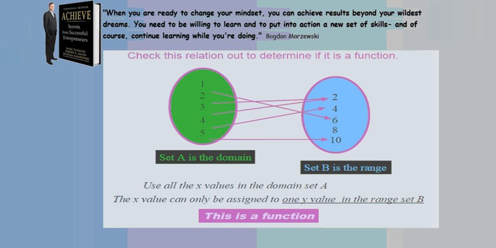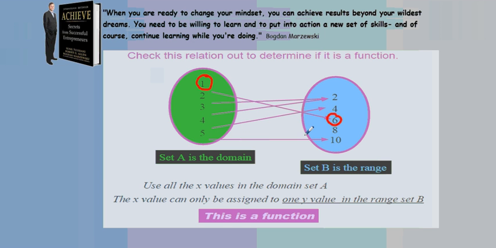Now, not every relation is a function. A function is defined only if there's only one element from the domain, and that one element has one representative from the range.